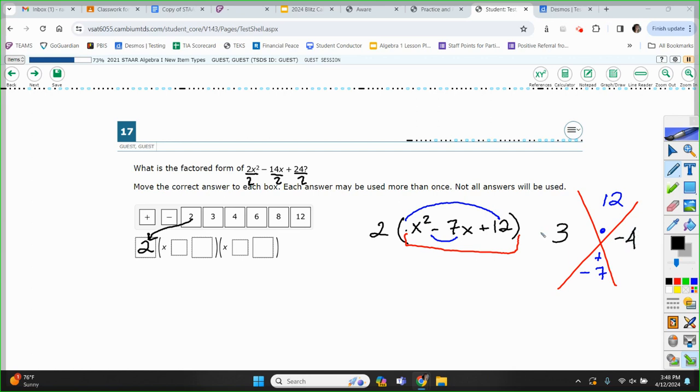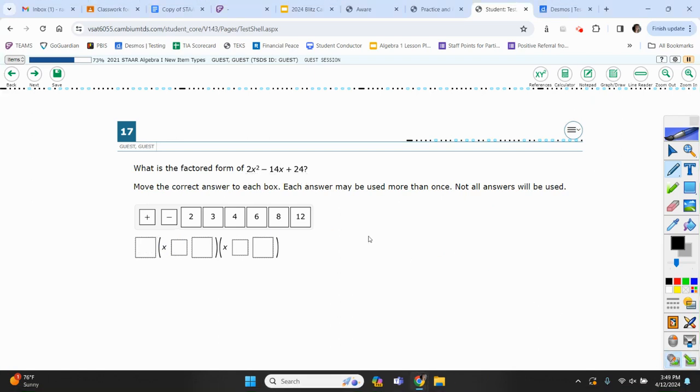They're both negative because they have to have the same sign, since this number is positive, and they have to add to a negative number. So negative 3 and negative 4. I know these boxes are bigger than the x's and they shouldn't be, but that's just how it is. I'm going to drag them down here. So x minus 3, x minus 4.